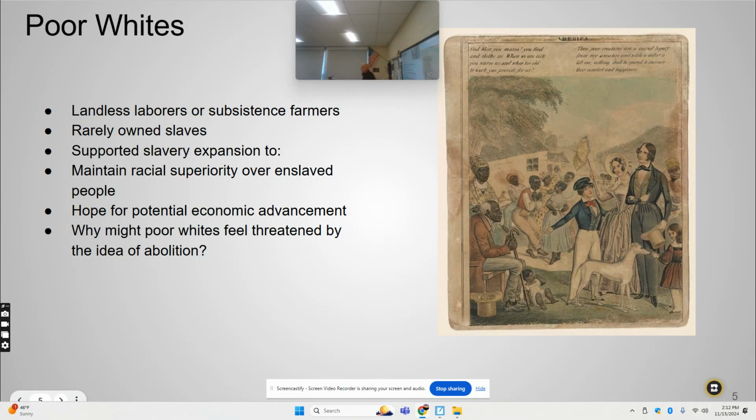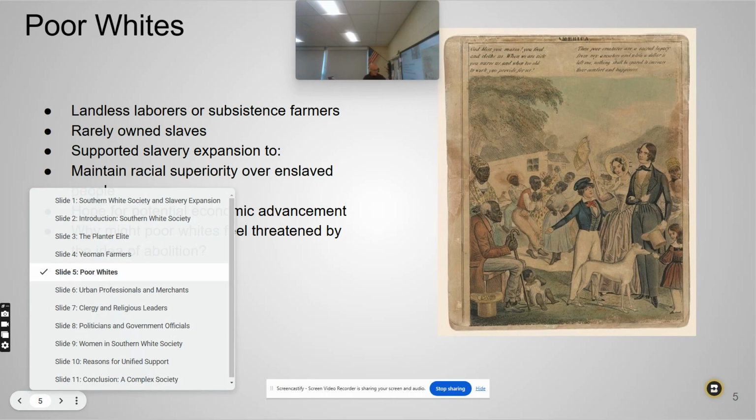That would be too much for white Southerners to handle. Just the thought of that would cause trepidation and fear on the part of whites. So poor whites, middle class whites, upper class whites, they're all connected in the sense that they all support slavery, whether or not they own slaves, for the reasons we've enumerated today. All right? Let's go to the next slide, number 6.